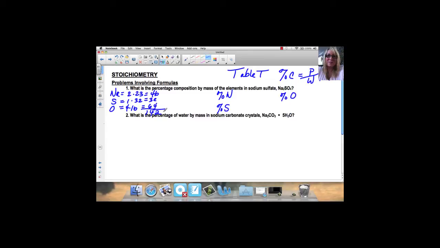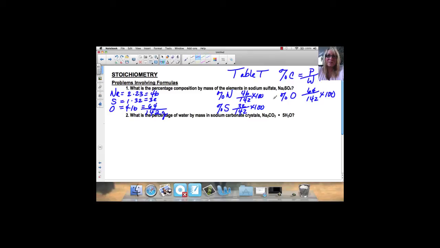And now we just have to do each one with the part. So Na is going to be 46 over 142 times 100. S is going to be 32 over 142 times 100. And the last one is going to be 64 over 142 times 100.